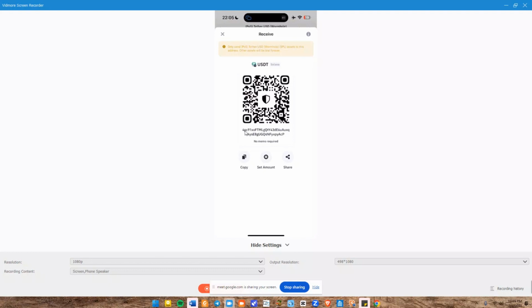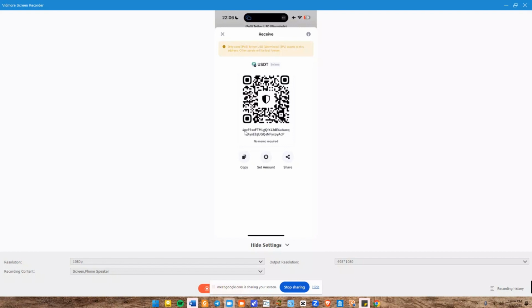Then when I go to the other platform and I want to send, I have to use the same network. If I mistakenly choose maybe the Ethereum network or the Tron network or the Avalanche network, I've copied the wallet address, I've pasted the correct address on the other side, but I've chosen the wrong network, then those funds will end up getting lost and there's no way you can recover them.